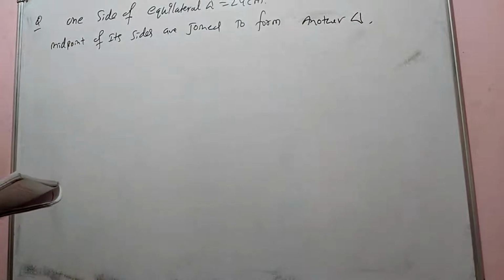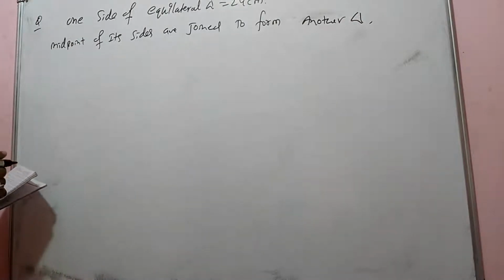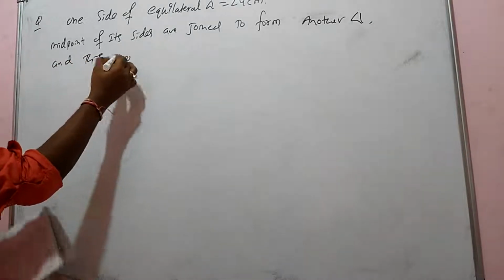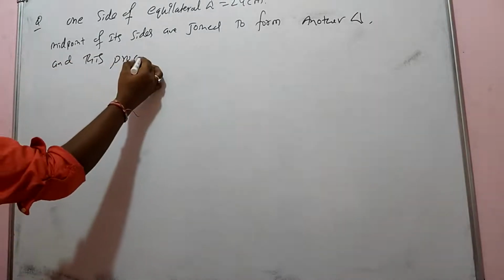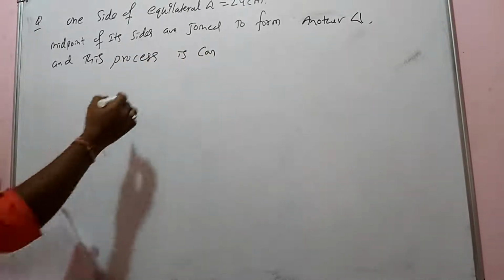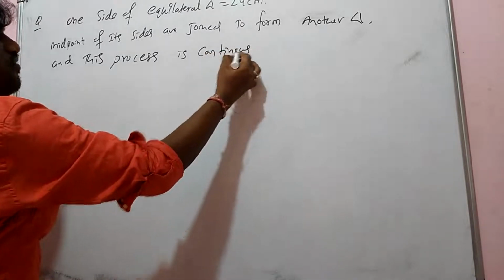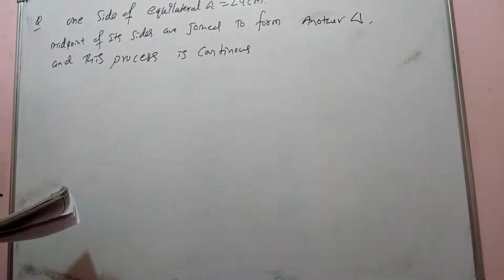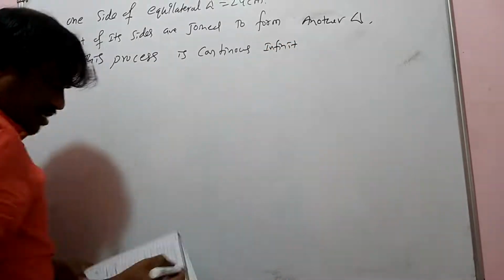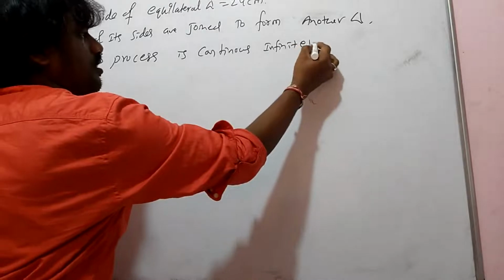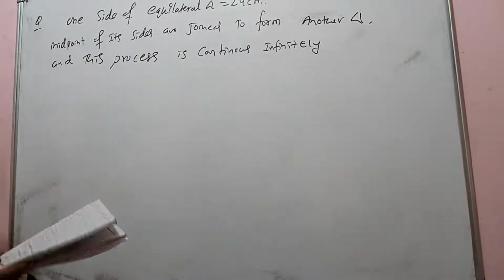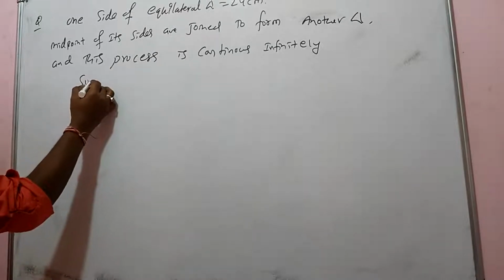And this process continues infinitely. The sum of the perimeters of all the triangles is dash.